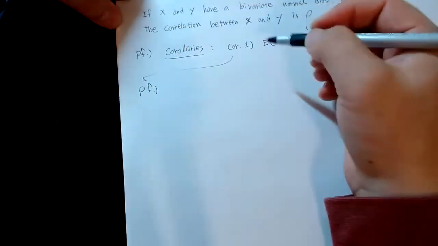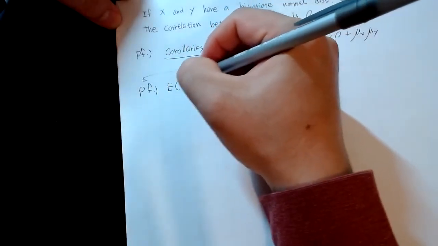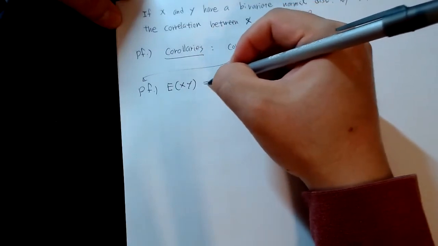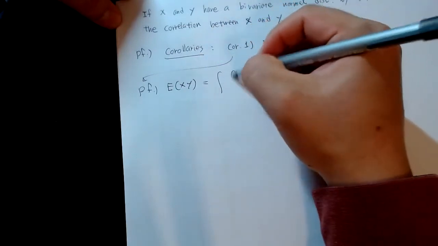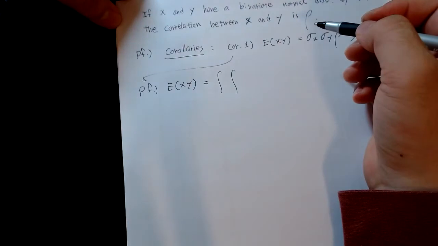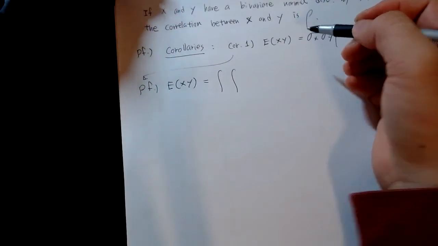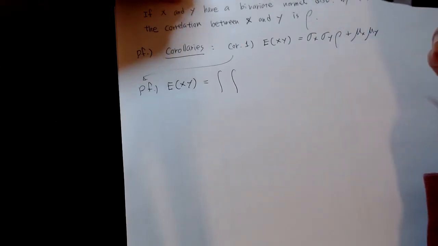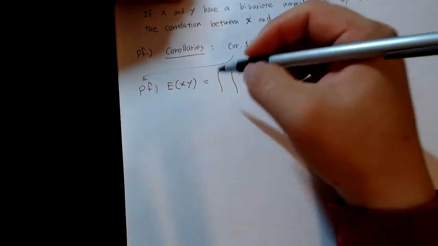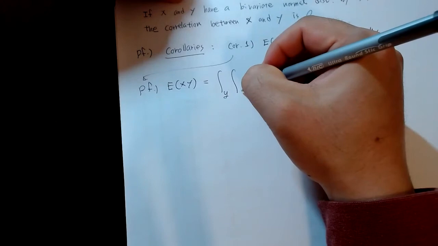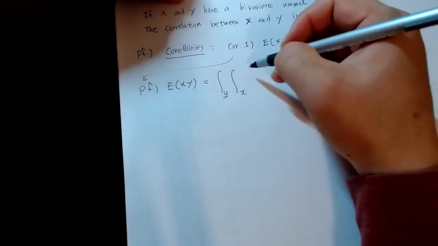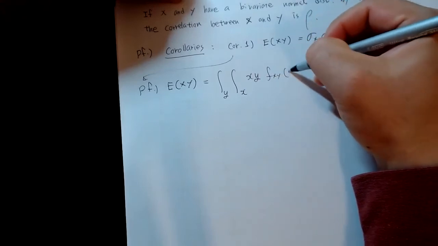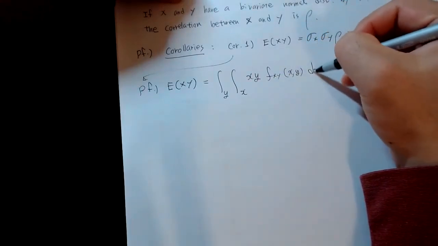Let me start with the definition of the expected value of X times Y. Since X and Y are continuous random variables, we have to take a double integral of x times y times the joint PDF f(x, y) dx dy.